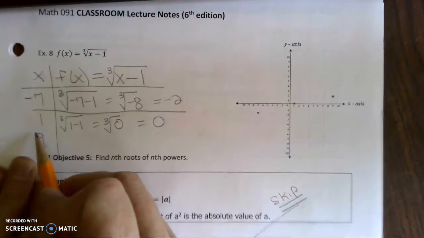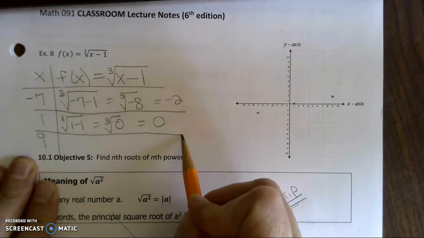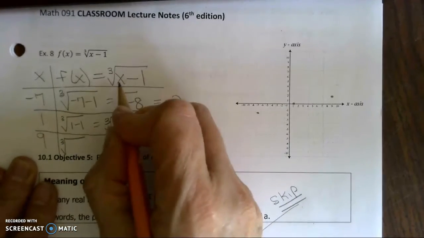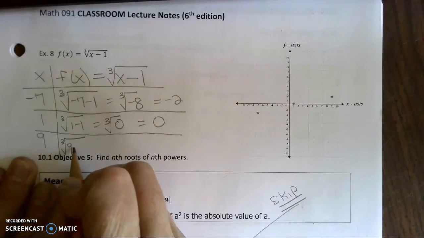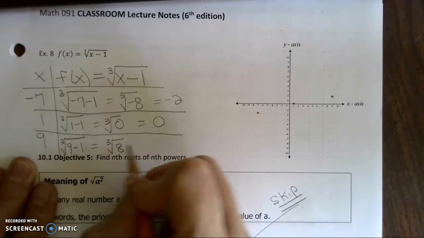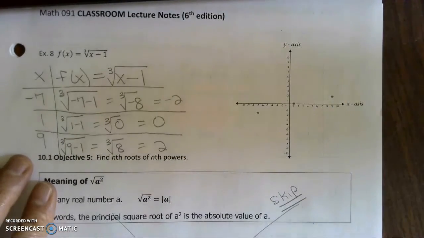Okay, so that one's another point. And then finally, this last point, we're going to pick 9. 9 minus 1 gives me 8, which again is another perfect cube. So I get 2. Okay, so those are my 3 points.